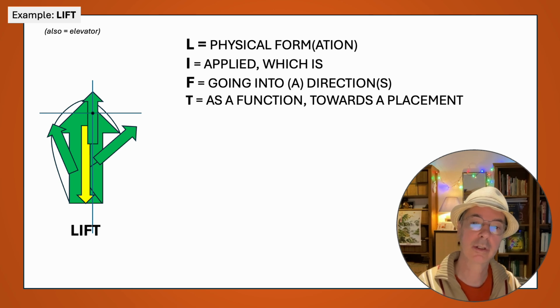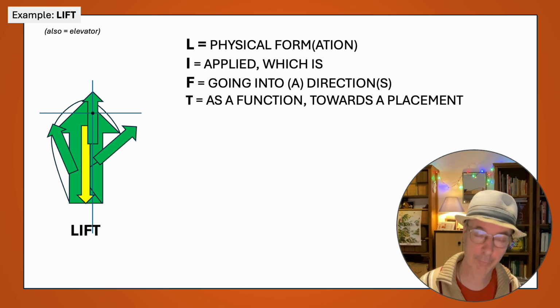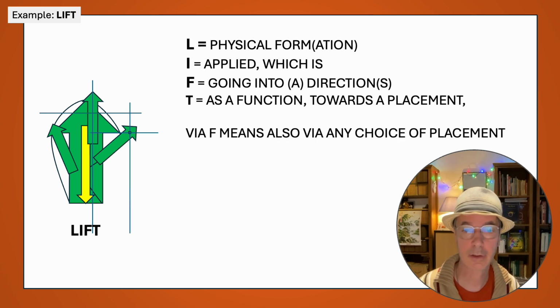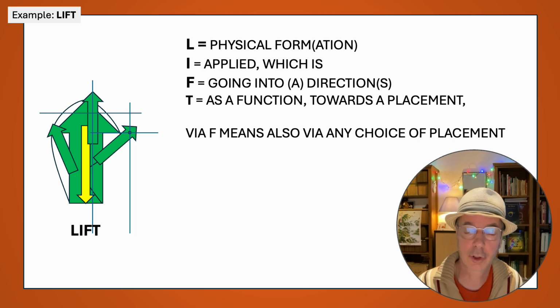This tool is showing how this form is going into a direction or different directions as a function as well, towards some kind of placement. So via the F means also via some choice of placement.